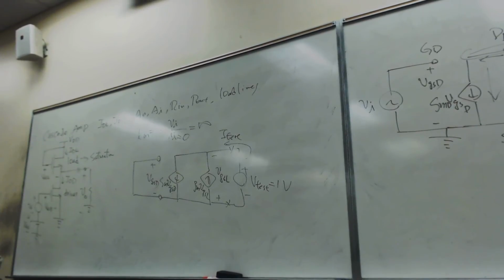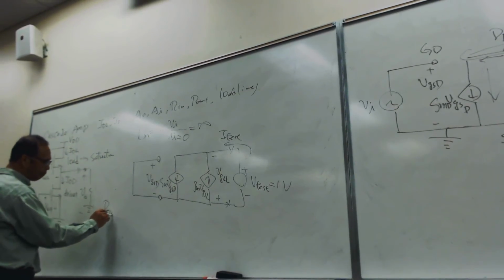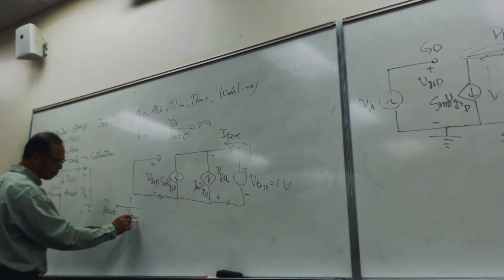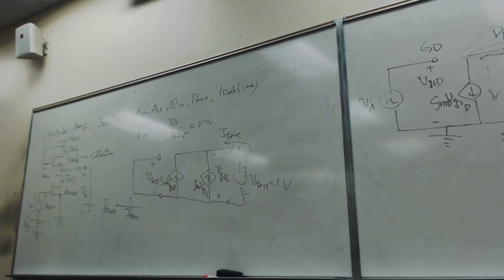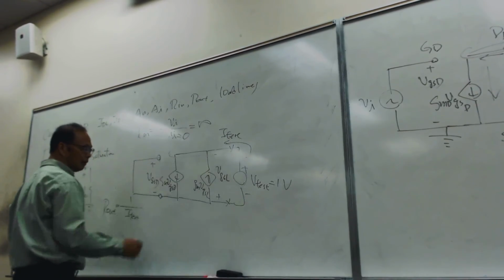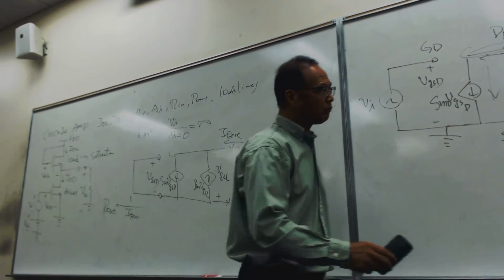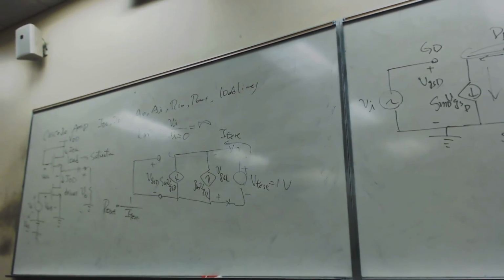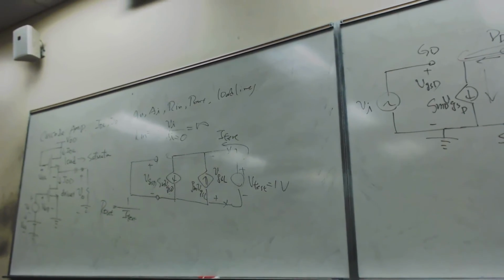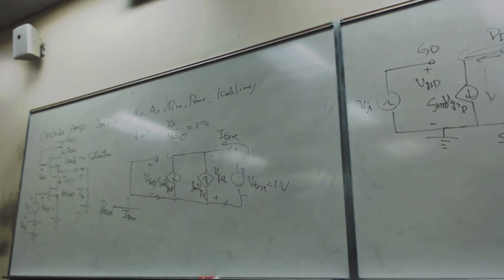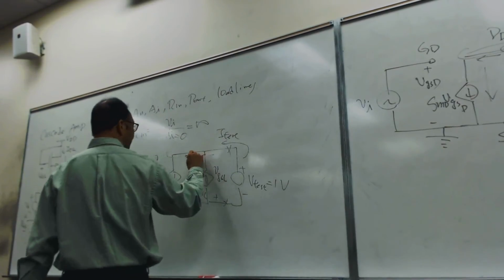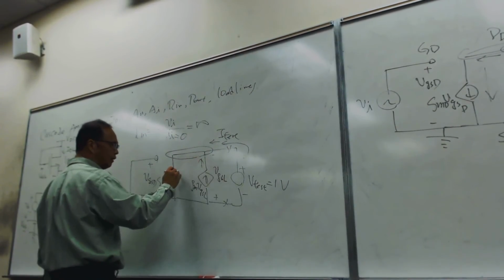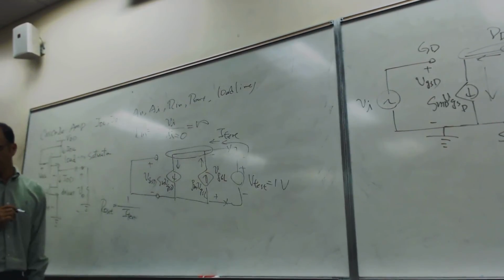So, R out is the test voltage divided by I test, correct? Now what is I test? If you look at this node, how many currents are there?